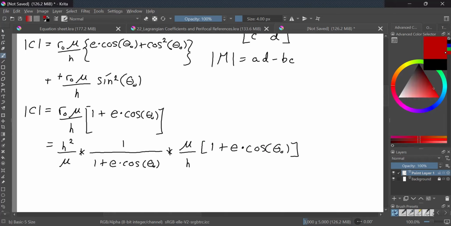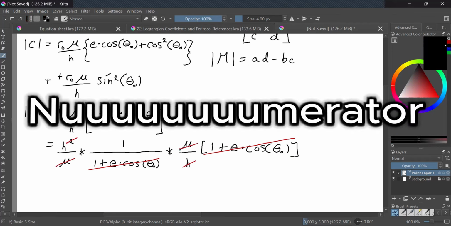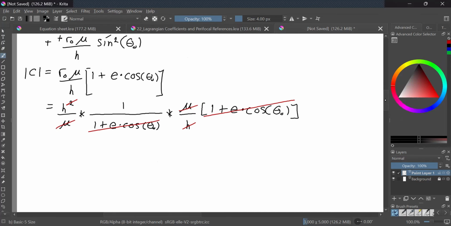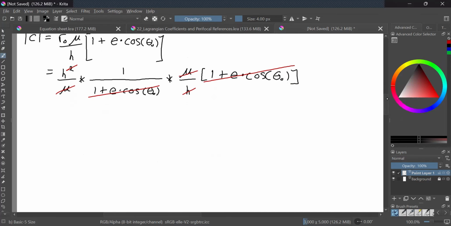All right, now comes the fun part. We get to cancel out some stuff. So let's start by getting rid of this big thing here. And then the mu's can cancel out. And the h can cancel out with one of the h's in the numerator. So at the end of the day, the determinant of C is just the angular momentum.